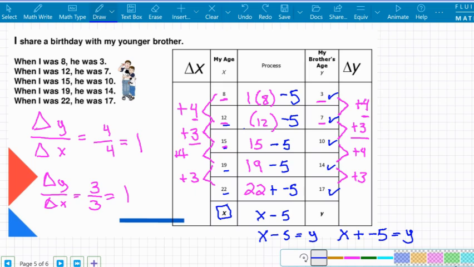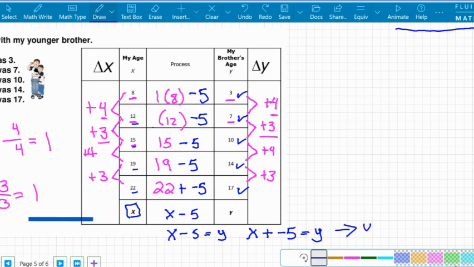Minus 5 is equivalent to saying plus negative 5. That means that the relationship we have identified here is not a multiplication relationship, or multiplicative. It is in fact an additive relationship, where we have added or subtracted something.